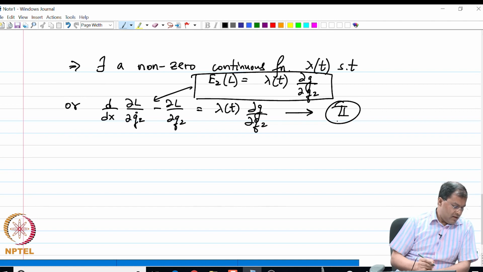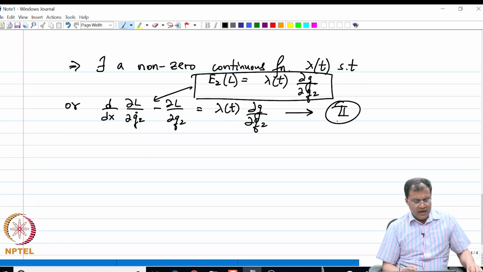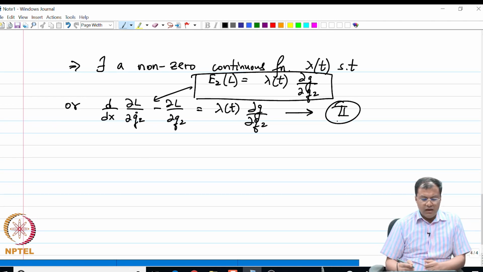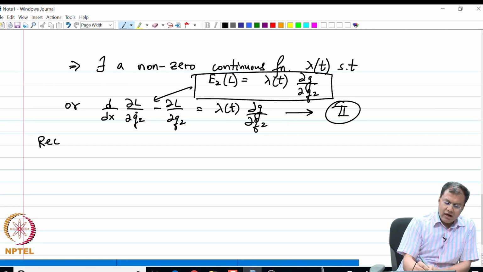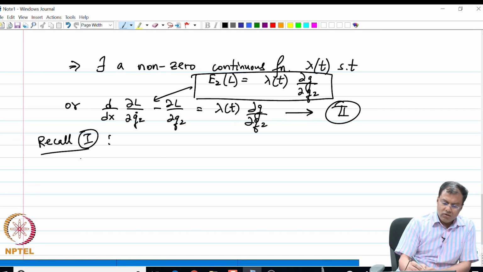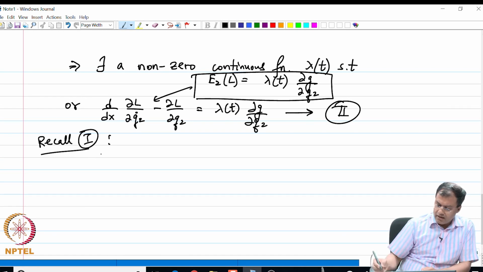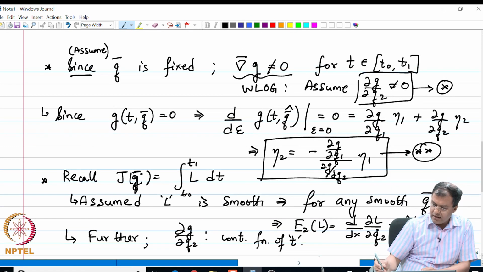Okay. So, moving ahead, recalling our result 1, I do not need 2, but I need the double star condition.